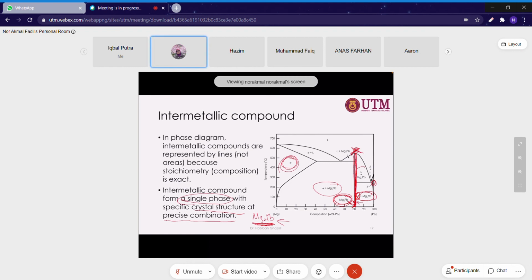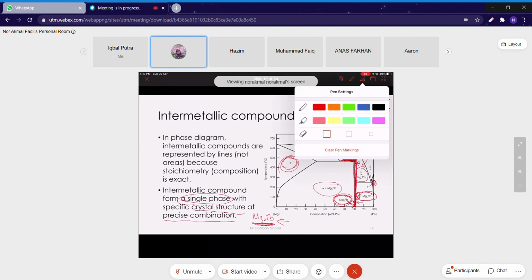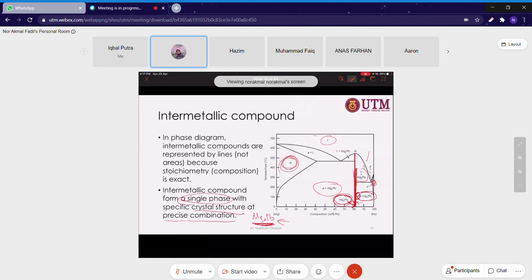If you look at this region, it is between this vertical line, which is the intermetallic, and the liquid. This region belongs to the liquid phase. For this region, it is liquid plus intermetallic, because the liquid comes from the left side and the intermetallic comes from the right side.